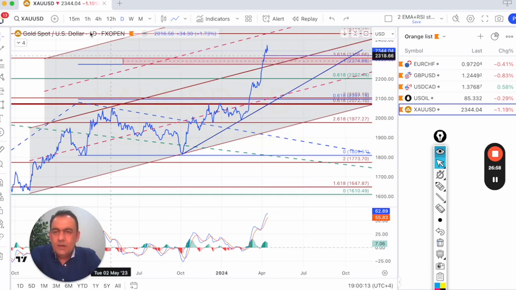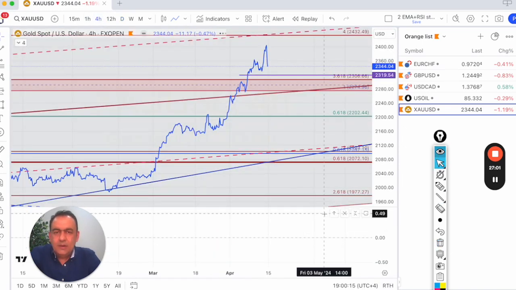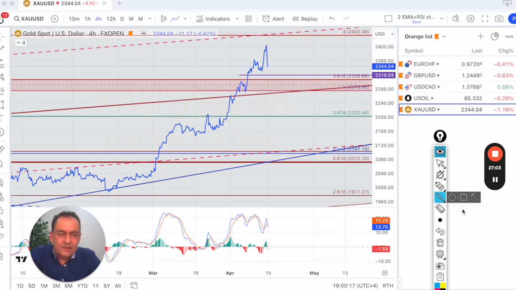Moving down to the 4-hourly chart, let's understand what's happening. Yes, now we have a clear bearish divergence formed on the 4-hourly chart based on MACD lines, and a wider divergence formed on the MACD histogram.